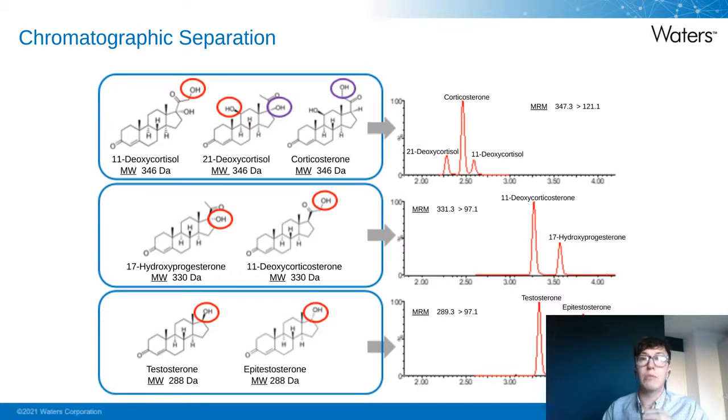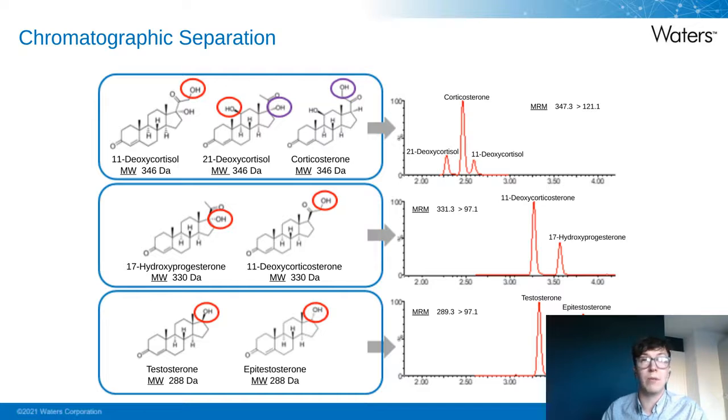So in order to work around this issue of these interferences, the orthogonality of LC separation provides resolution of these isomeric steroids. This slide demonstrates an example of that. So by utilizing the correct column chemistry, critical separations of steroid isomers can be performed, which enhances the method precision and accuracy.